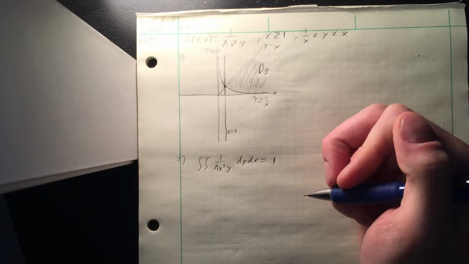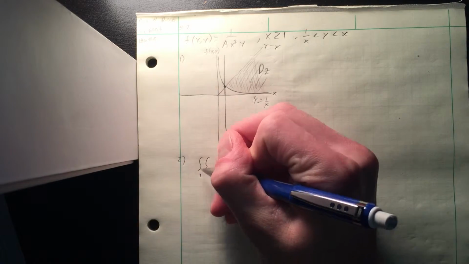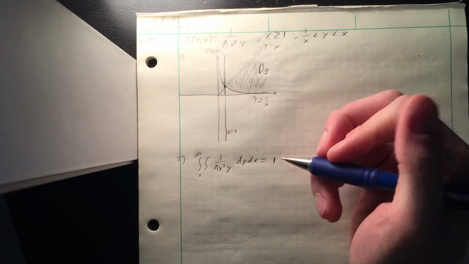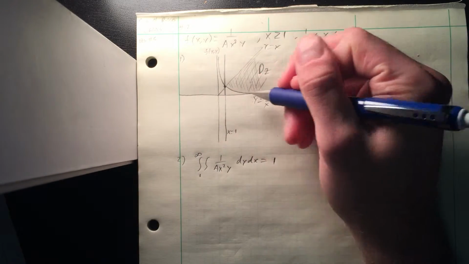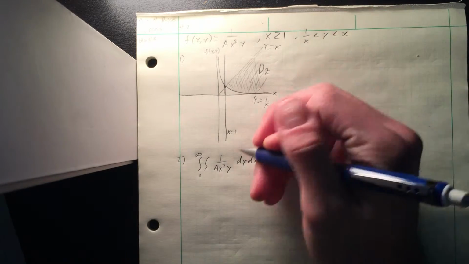So our limits of integration: for x on the outside, it's going to be from 1 to infinity, ever increasing. And for y, on one side we have 1 over x as our lowest values of y, and y equals x on the other.